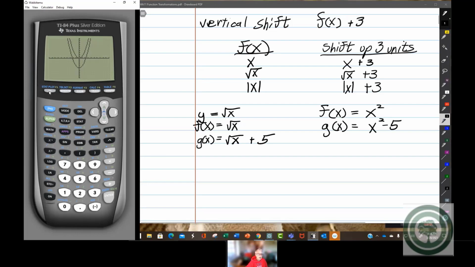Suppose I want to graph y equals x to the third. Or how about the cube root? We need to practice the cube root. Go to Math and cube root and x. Now it's important that you come to the outside of the radical because vertical shifts are never under the function part.